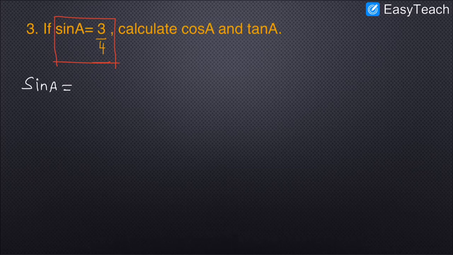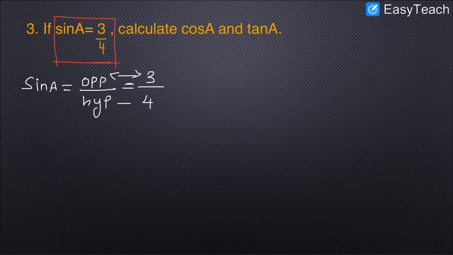We know that sine theta equals opposite by hypotenuse. The value 3 by 4 is given, so we can take 3 as the opposite side and 4 as the hypotenuse.